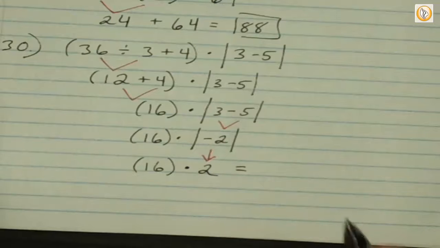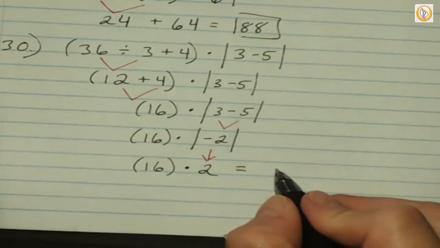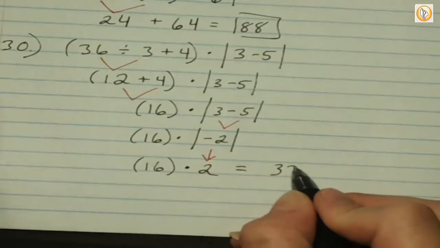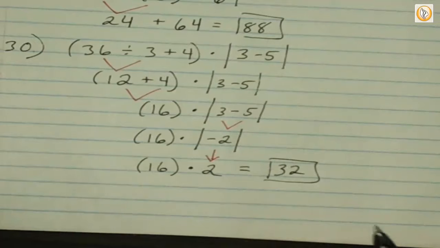And then 16 times 2 is 32. Do y'all see how this goes? All you have to do is just do one step at a time. Are there any questions?